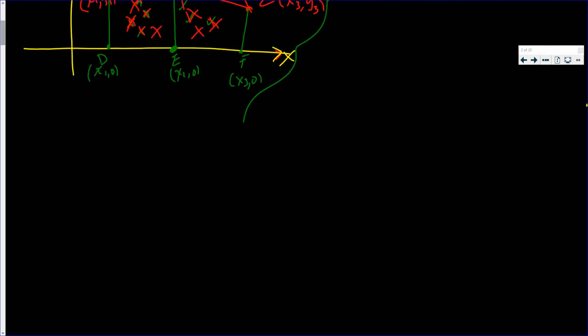Now, the next thing I want to talk about is what is the area of a trapezoid. These are the two sides that are parallel. A trapezoid is a quadrilateral, a four-sided figure where two sides are parallel.